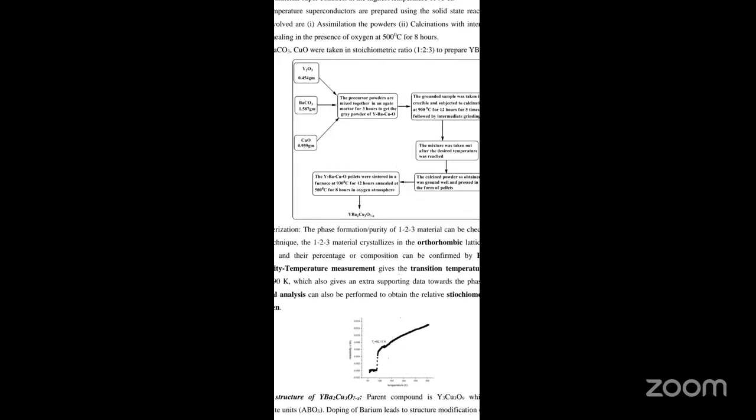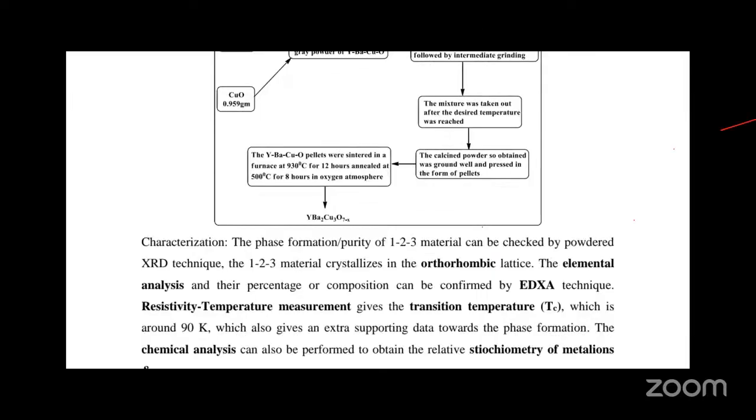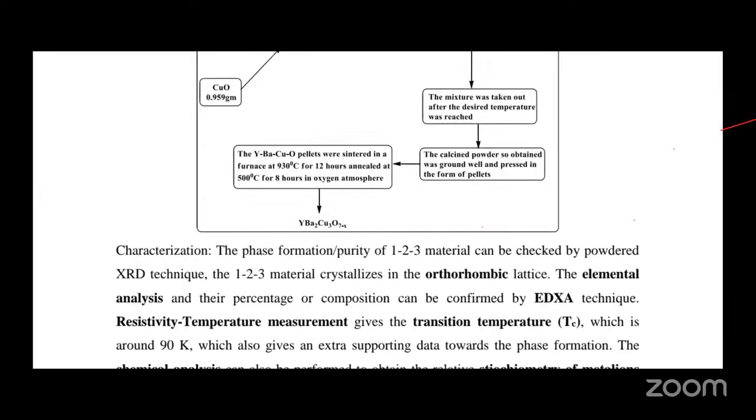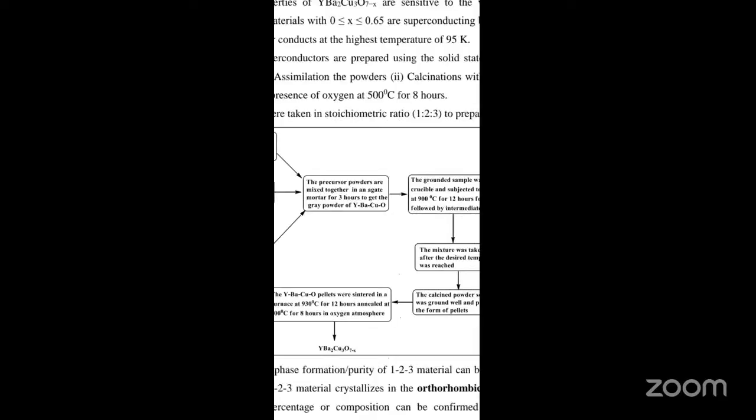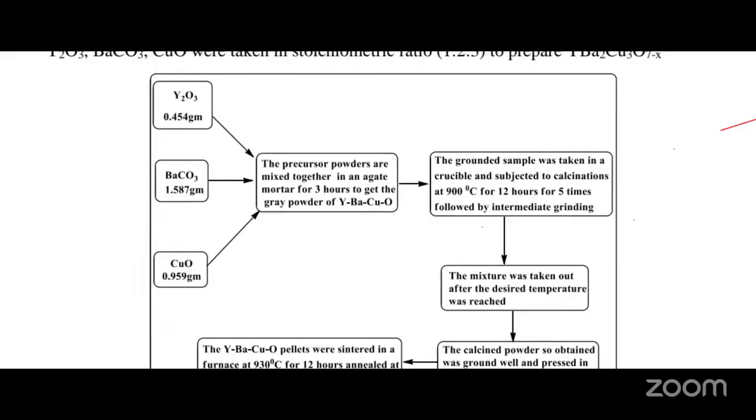Let's see this diagram. 0.454 grams of yttrium oxide, then 1.587 grams of barium carbonate, then 0.9 grams of copper oxide.